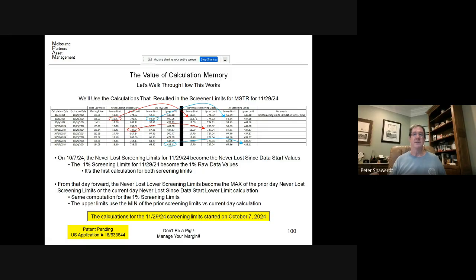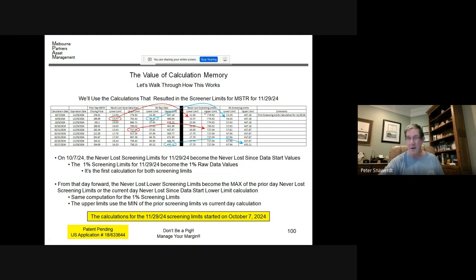So in other words, while the raw data for today shows these were the 1% limits, over time the 1% limits resolve to something narrower than what we had for this particular day. That can give you an edge if you use those screening limits. For instance, when I trade never lost, I don't look at the current day. I look at the screening limits because every calculation in there was never lost on the day that it was made.